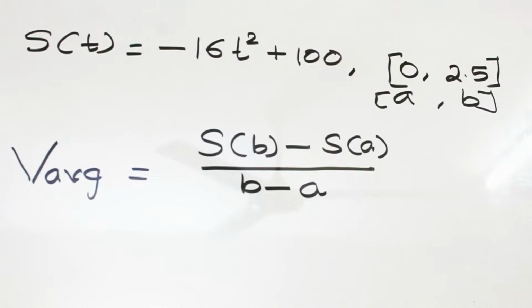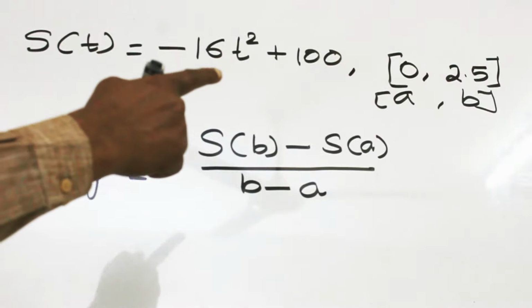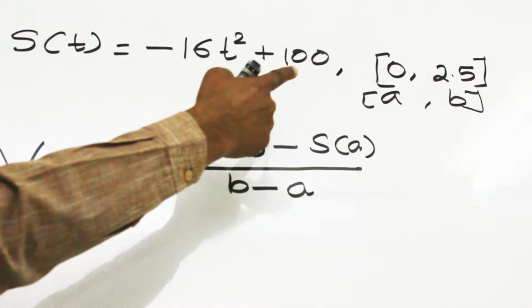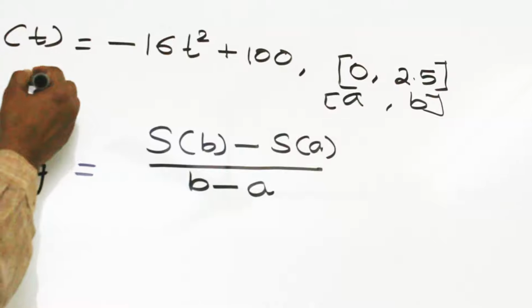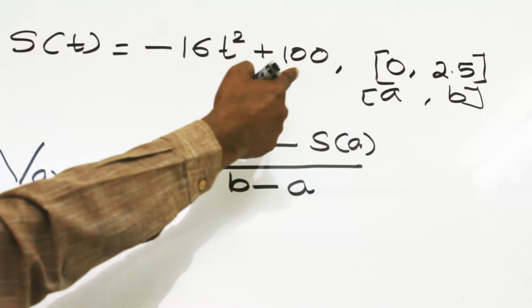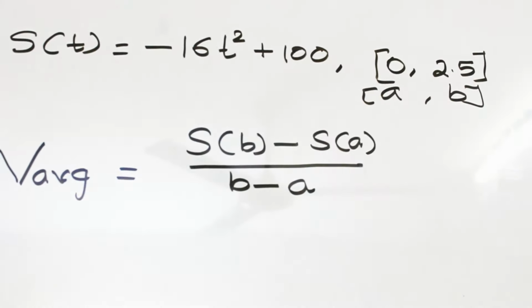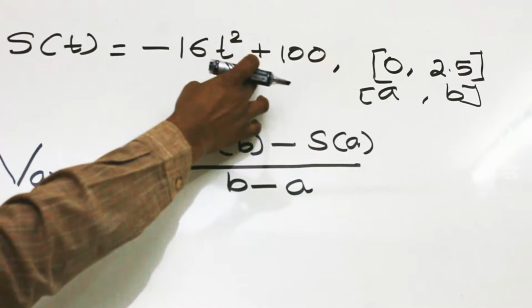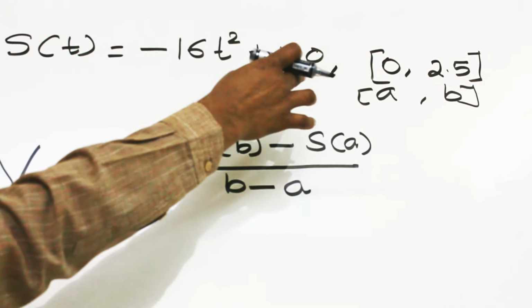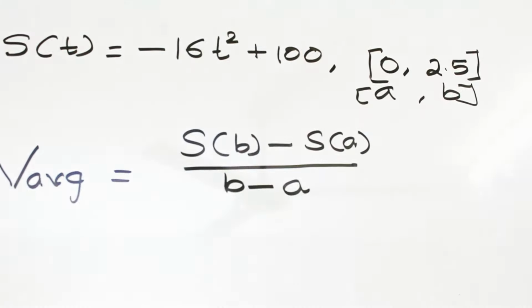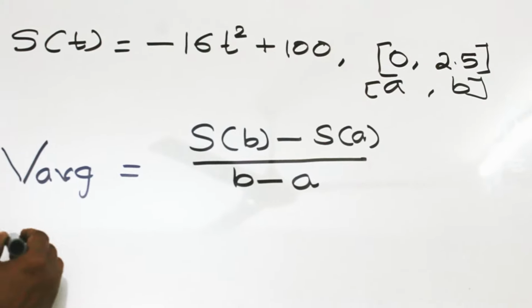So the total time interval will be 0 to 2.5 for the positional equation minus 16 t squared plus 100.